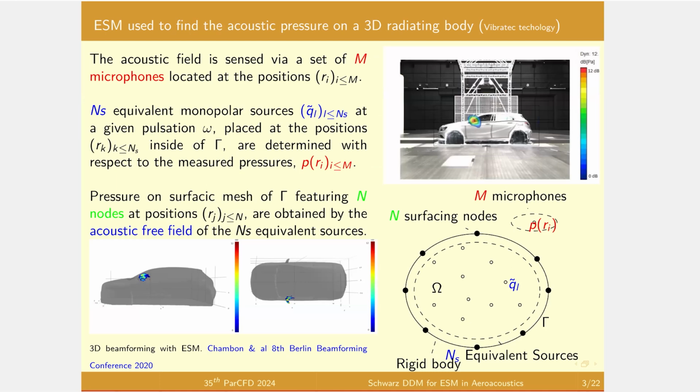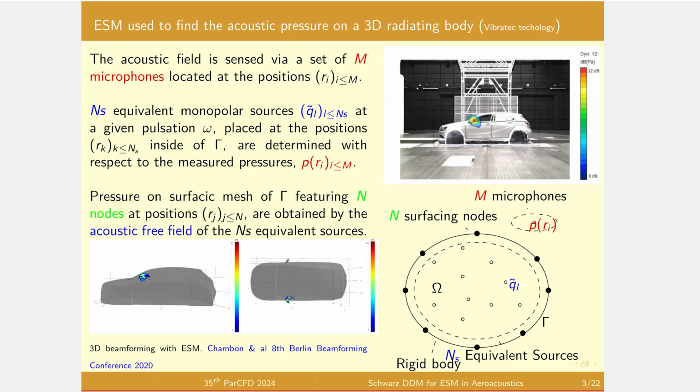This ESM is used to find the acoustic pressure on 3D radiating bodies. A company in Lyon asked us to work with them on this ESM technology, so we work on the solutions of the linear systems involved in this methodology. There is an array of M microphones.